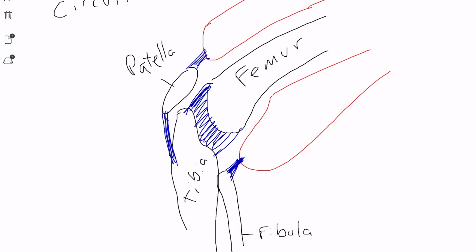In red, we have our two major muscles here that surround our femur. We have, I'll do this in red, we have the hamstring, and we have the quadriceps. Oh, sorry, here we go. Quadriceps.